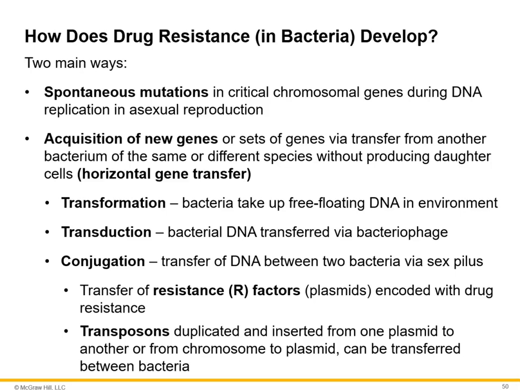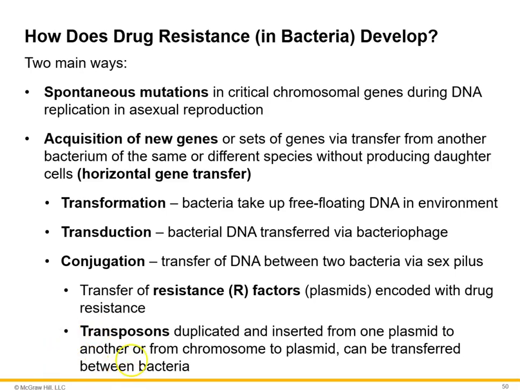Most commonly, they're going to transfer these things called resistance factors, and these are just plasmids. Remember, that's the extra genetic material, the small circular genome that many bacteria have. Plasmids that carry drug resistance are called resistance factors.